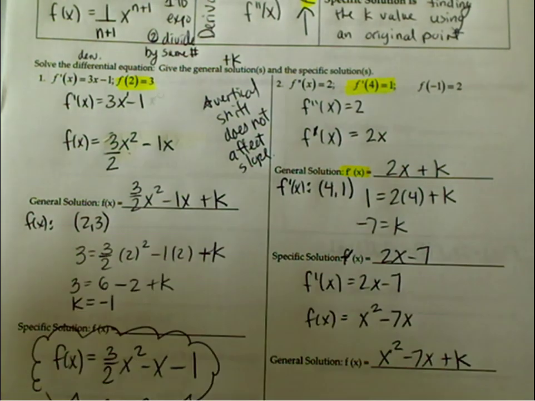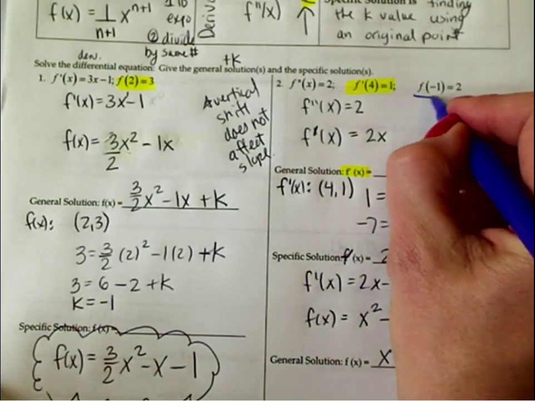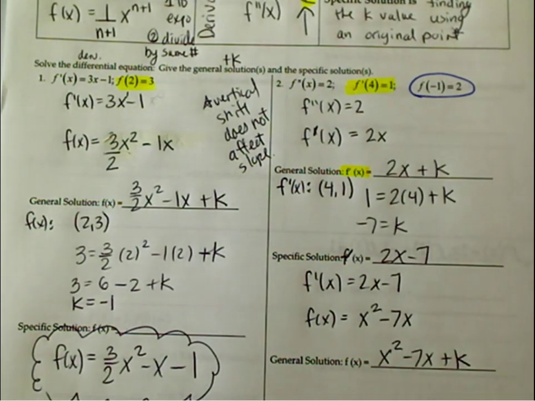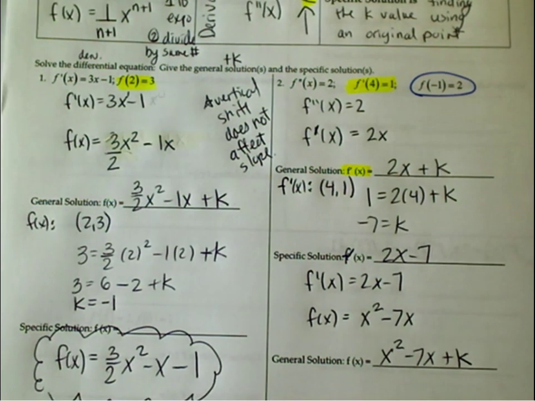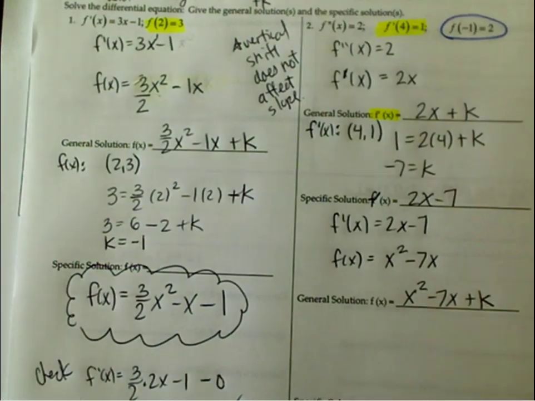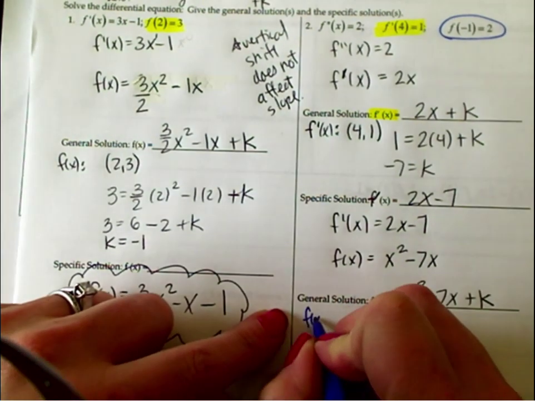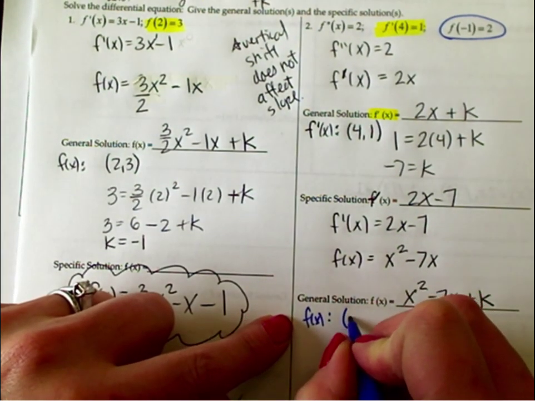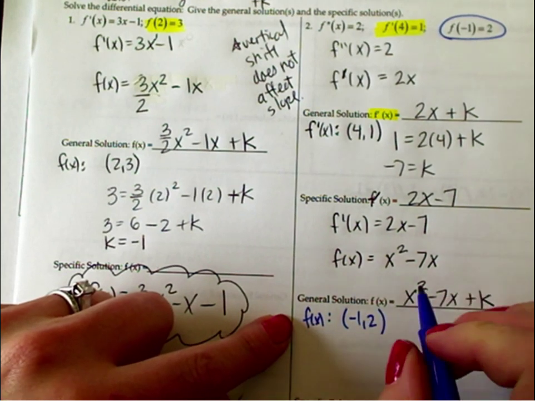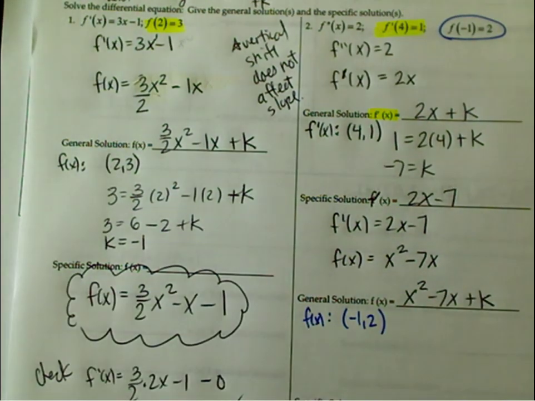All right. Now, I'm going to circle, there's the next. Notice the f prime and then the f original. Make sure you're matching up the information with the correct equation. This is f original. That's negative 1, 2. And so that you're plugging them into the proper place.